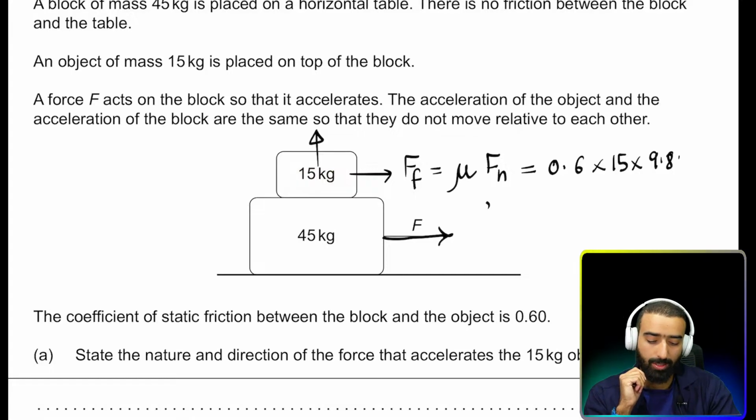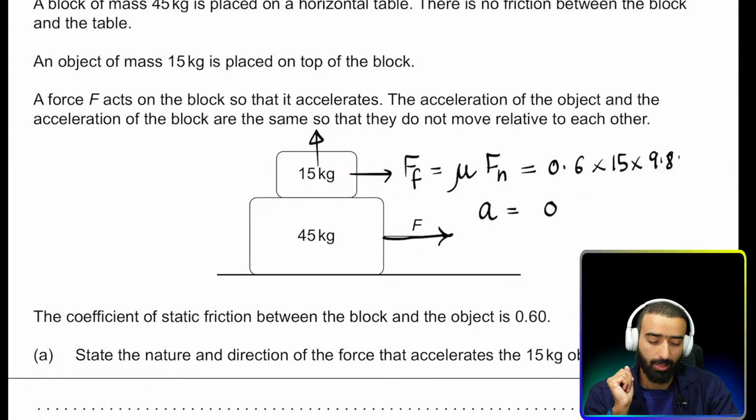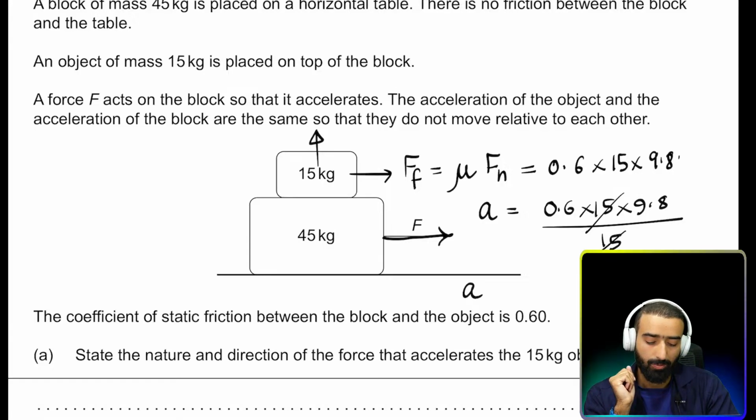So what would be its acceleration? The acceleration would be the same force that we found here, divided by the mass of the 15 kilogram object. So we do 0.6 times 15 times 9.8 divided by 15. The 15 and 15 go away. If we solve this, we get 0.6 times 9.8.